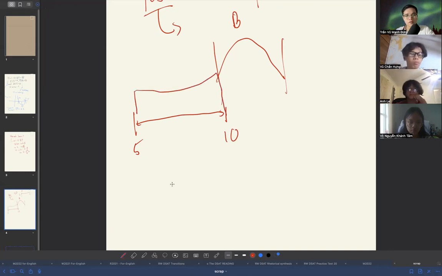And you have a shorter range, let's say 5 to 100, and this is 5 to 20, say, and this one has this shape graph.